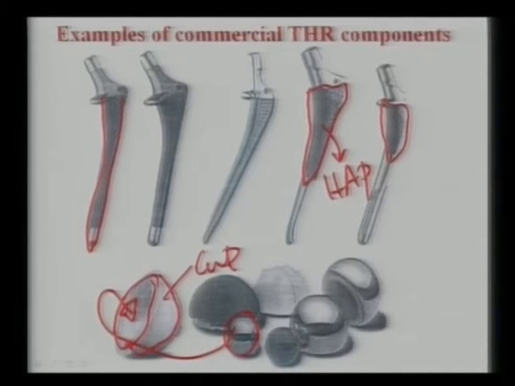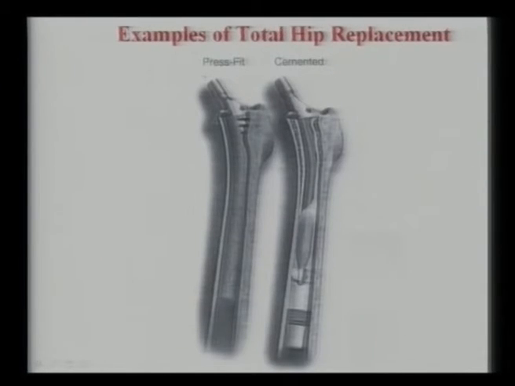This cup can be made of metallic or polymeric parts also. Now these are two different types of total hip replacement: one is the press fit and one is the cemented. Cemented means the cementing material used here is polymethyl methacrylate, that is PMMA, which is widely used as the bone cement material.